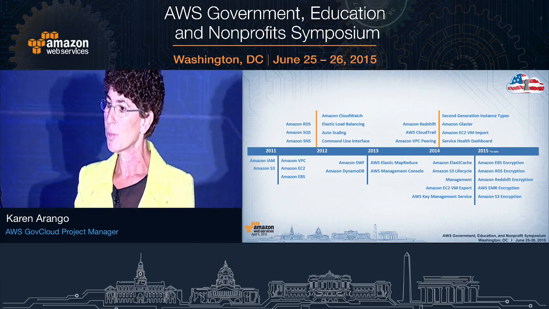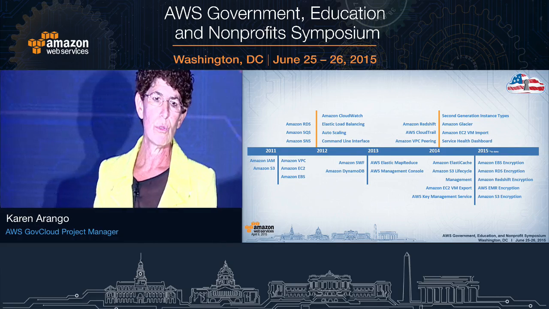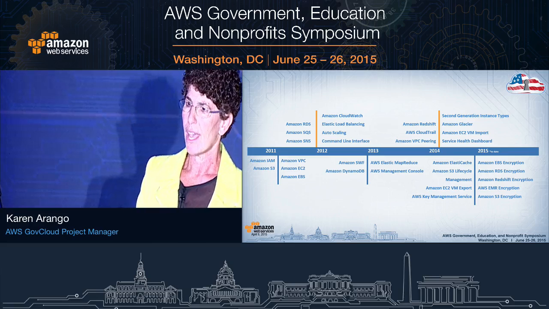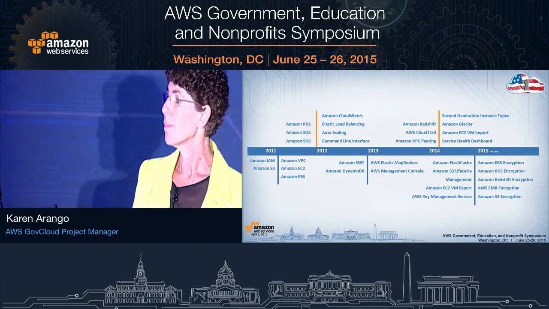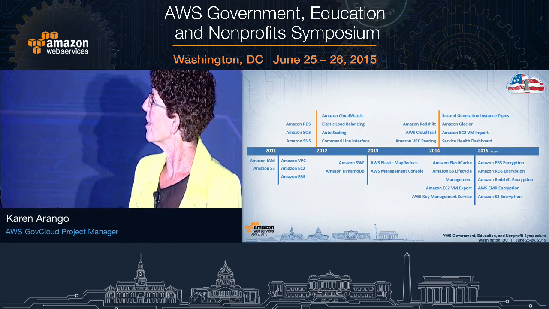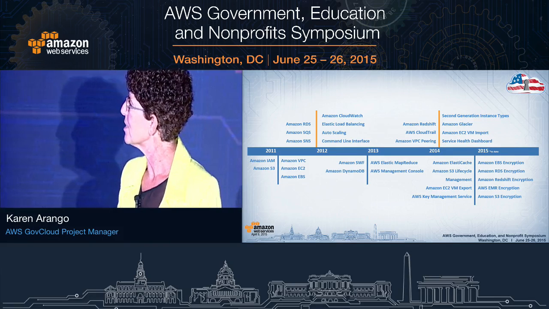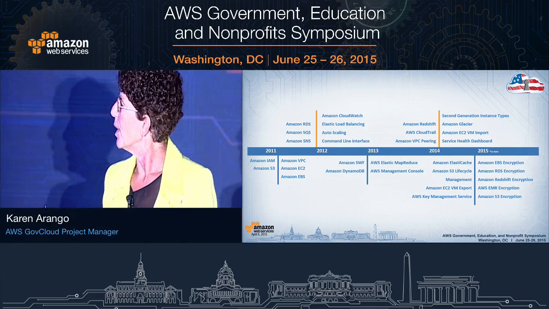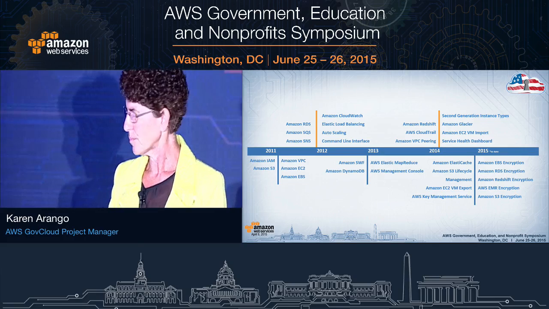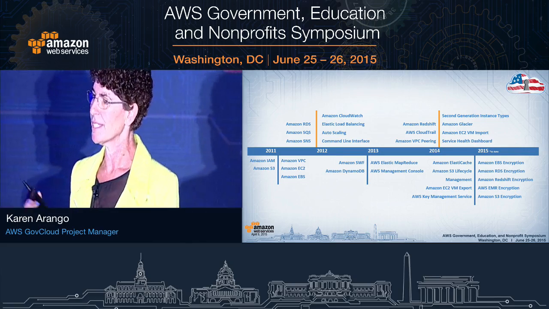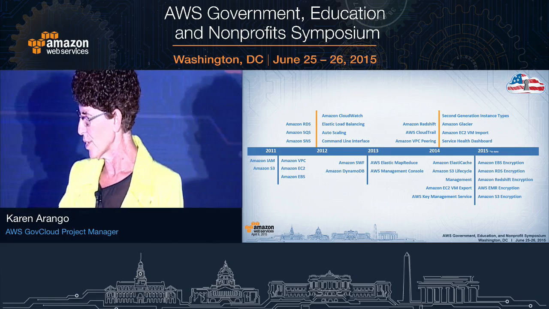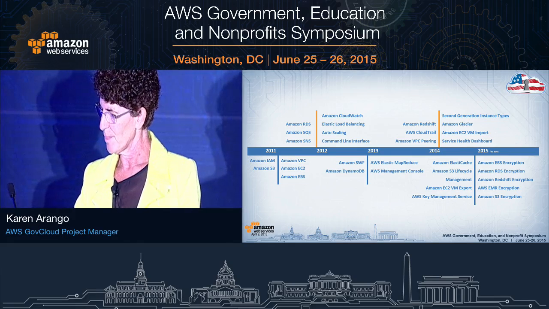We added the export capability, and a huge ask by our customers was Key Management Service, integrated with all the other services, so EBS, RDS, S3, Redshift, and EMR. So that's our pace of innovation, and we have more to come this year as well.